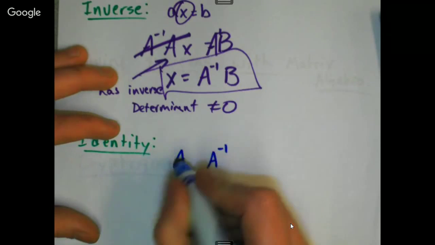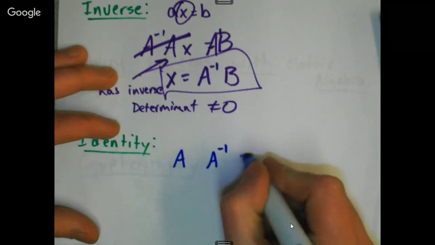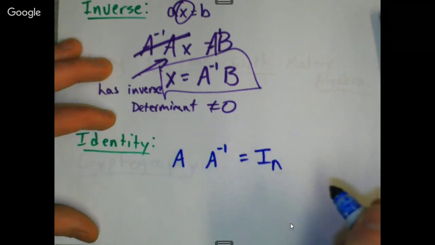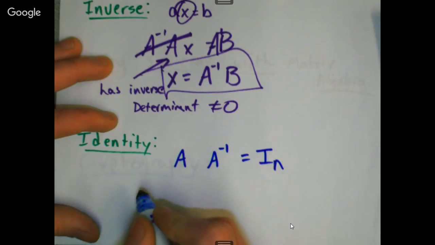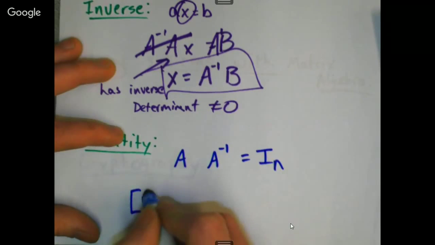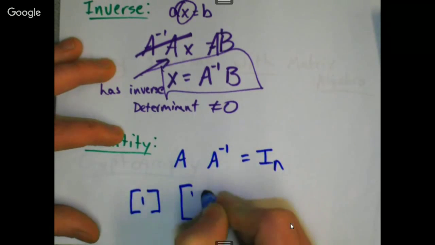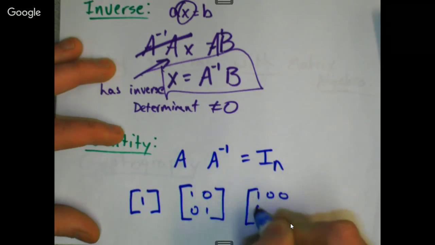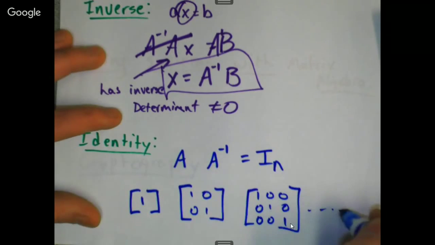Well, when I multiply two inverse matrices together, I get an identity matrix. Here are some examples of identity matrices: 1; 1, 0, 0, 1; 1, 0, 0, 0, 1, 0, 0, 0, 1. And I could go on forever.